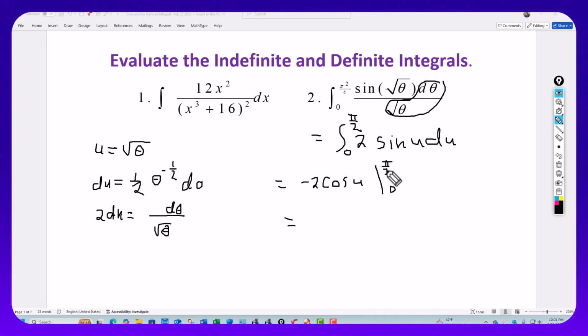So we evaluate the integral at pi over 2, so that's minus 2 cosine pi over 2, and then it's minus the value of this expression at 0, so this will be minus 2 cosine of 0.